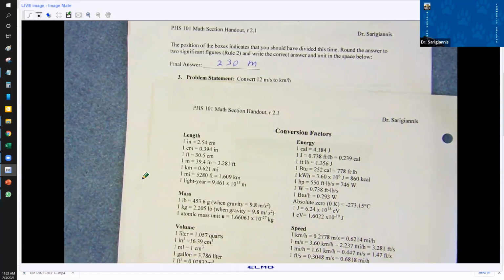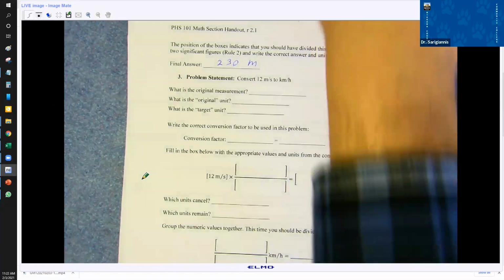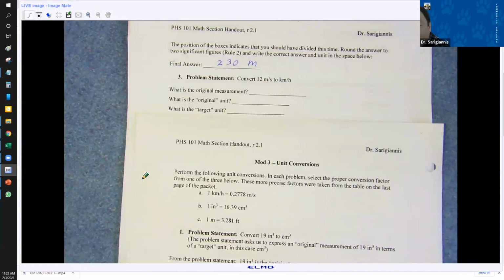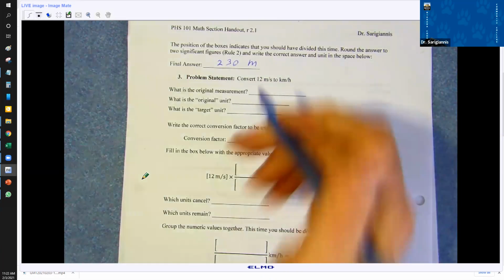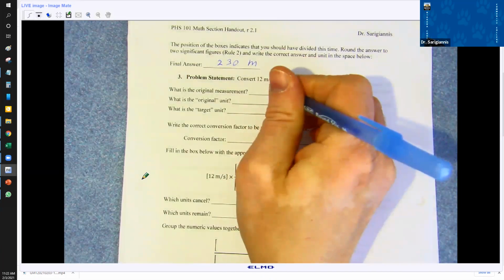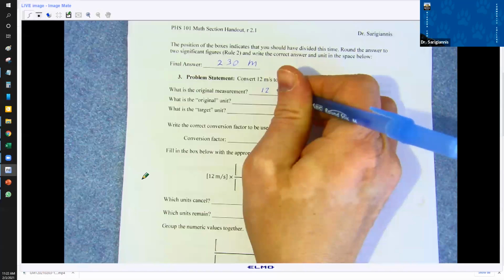Down here for speed, we were given 1 kilometer per hour is 0.2778 meters per second. This takes into account the conversion between kilometers and meters, and also between hours and seconds. Let me fill this out. The original measurement is 12 meters per second.